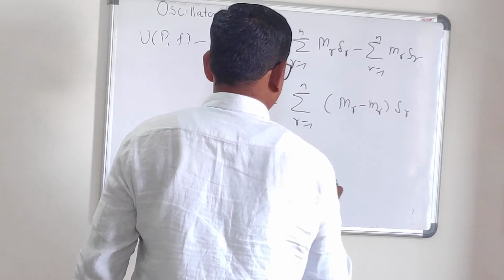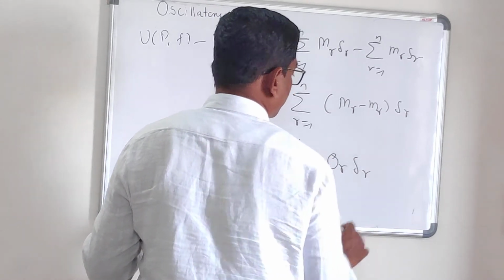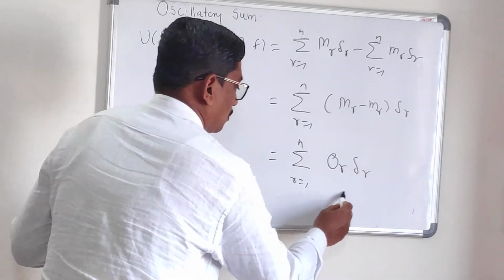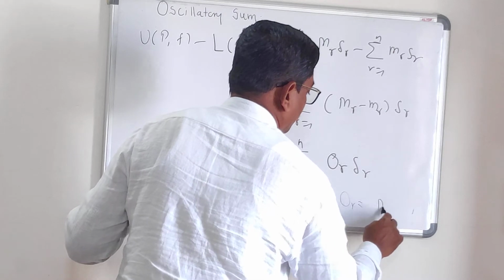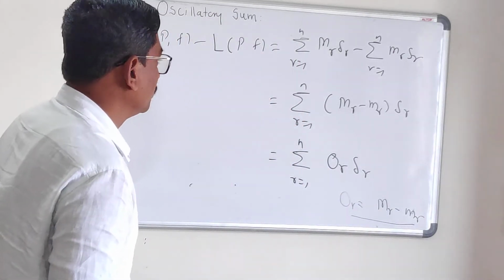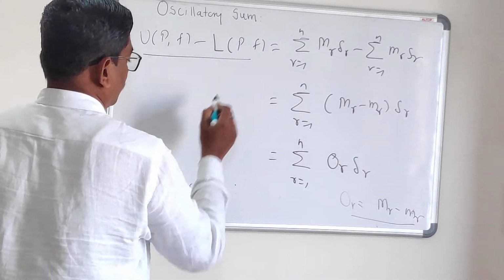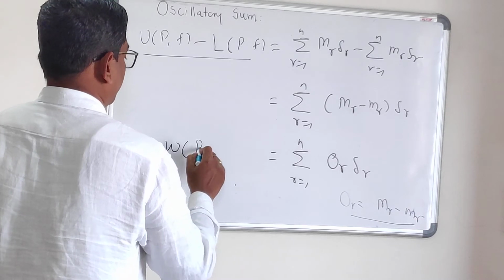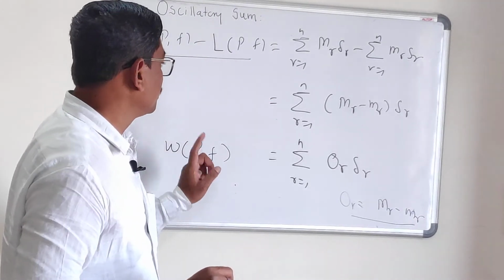So it will be denoted by Or, that's the oscillation on the rth interval. So what is this Or? Or stands for the oscillation on the rth interval, Mr minus small mr. So this is the oscillatory sum. It is denoted by omega(P,f), since in physics we denote oscillations by omega. So omega(P,f) is the oscillation for this.